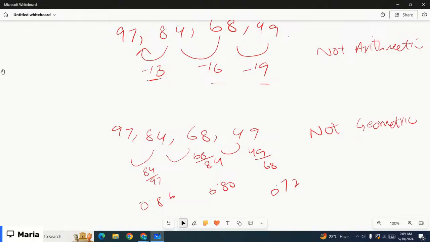Let's start with another example. For example, we have the numbers 240, 240, 240, and 240. You have to see if that is an arithmetic sequence, geometric sequence, both, or neither. So how do we see?